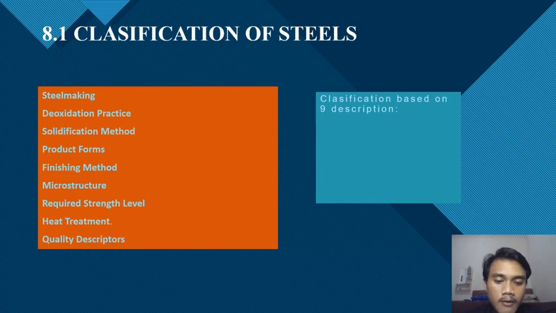The product forms: various steelmaking product forms called mill products are produced in steel mills either by continuous casting methods or by the breakdown of ingots into various forms by rolling, drawing, or extrusion operations.